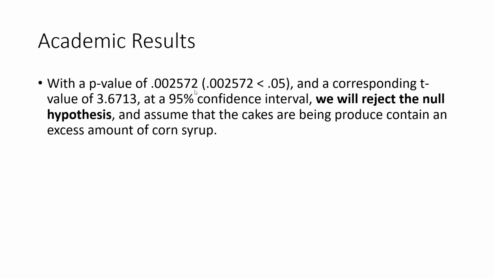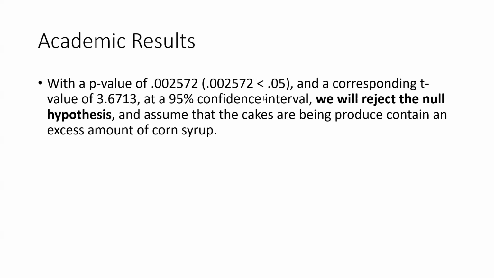But if our p-value is less than our alpha value, not less than or equal to, we reject the null hypothesis. So with a p-value of 0.002572, which is less than our alpha value, and a corresponding t-value, which you'll get derived from the output of the test application, at a 95% confidence interval, or with 95% significance.